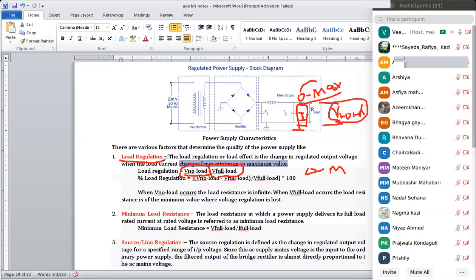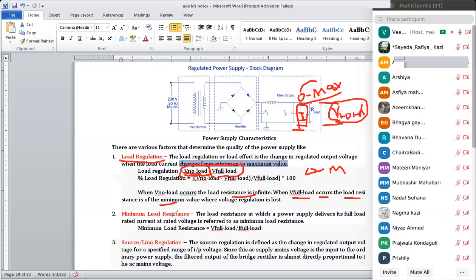So the no load condition occurs when the load resistance is infinite, a high resistance is there. And the full load output occurs only when the load resistance is minimum, right?